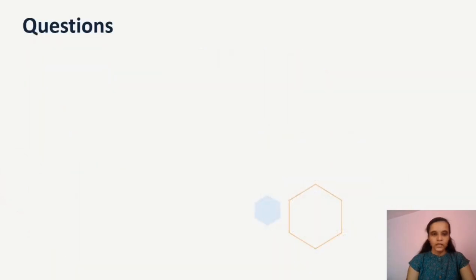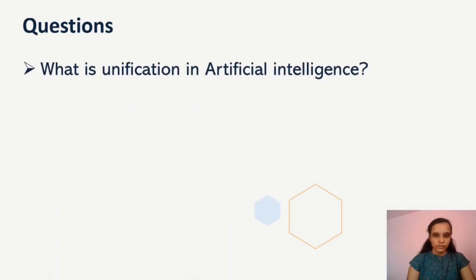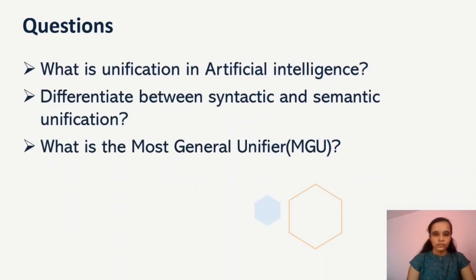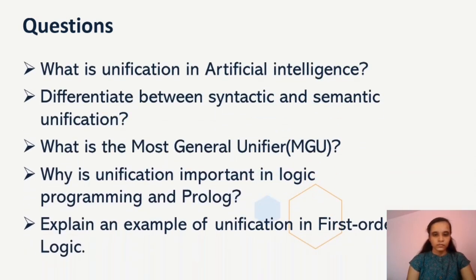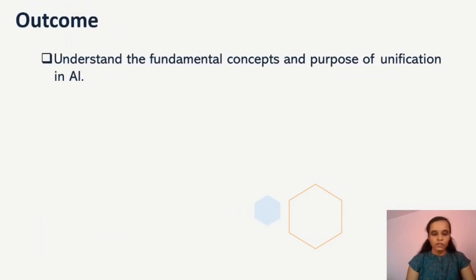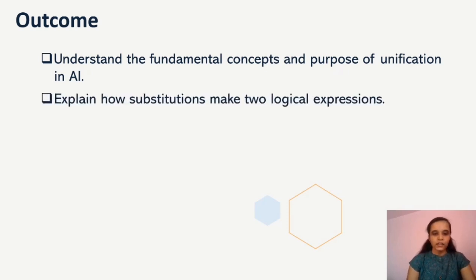Then questions. Outcomes of the unification concepts and implementation algorithm: by understanding unification we gain the ability to represent and manipulate logical expressions, understand how substitutions work in reasoning systems.